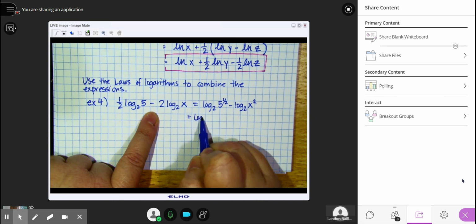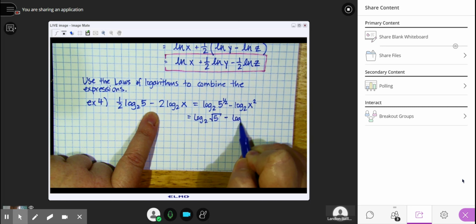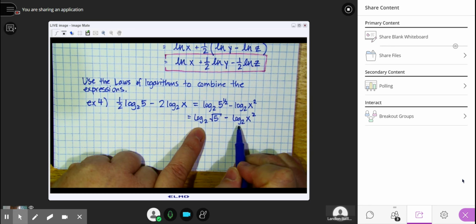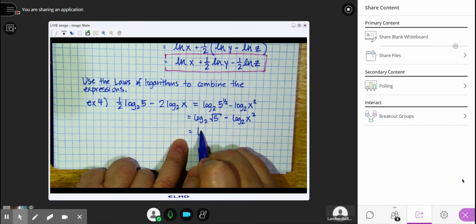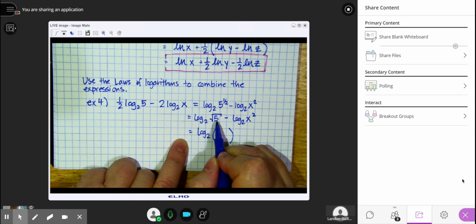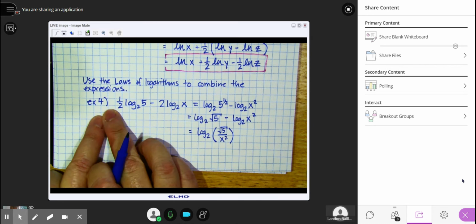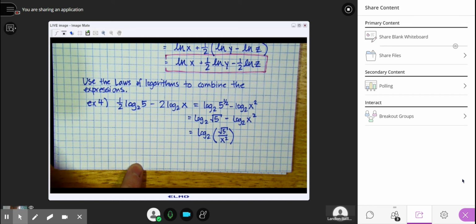Now, I'm going to rewrite this as log base 2 square root of 5 minus log base 2 of x squared. These 2 are the same log, and I'm subtracting. So I can combine them to write it as log base 2. Since it's subtraction, it would be a over b. And I've taken an expanded logarithmic expression and combined it into a single log.